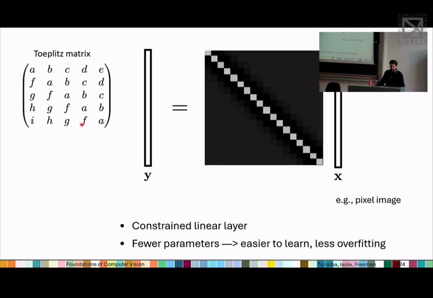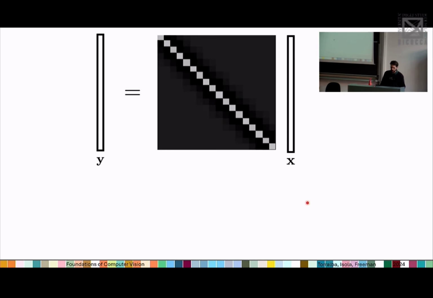You could see that as a constrained linear layer, with fewer parameters, which, by the way, is a kind of euphemism because you're going from 1 million times 1 million, which is 1,000 billion parameters, to 9 parameters. You have something that's much easier to learn and less prone to overfitting.